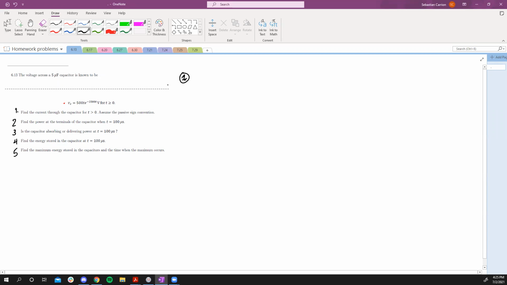Okay, so you've got to know first our capacitor equation. The equation for our capacitor is that the current is equal to the capacitance times the derivative of the voltage across the capacitor.